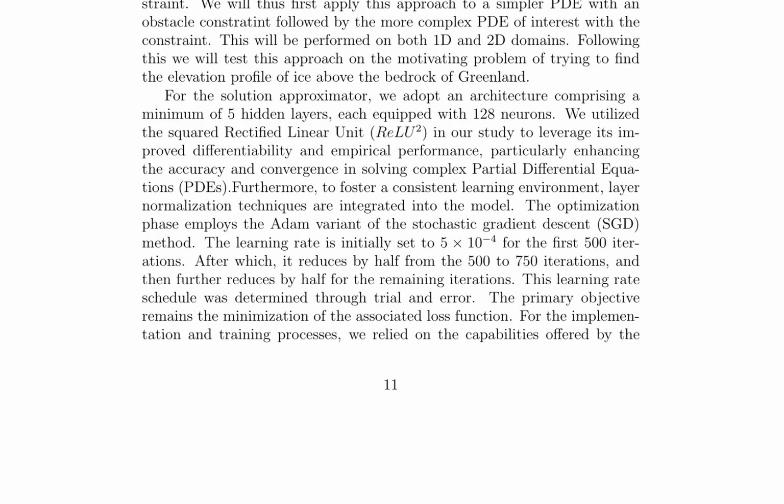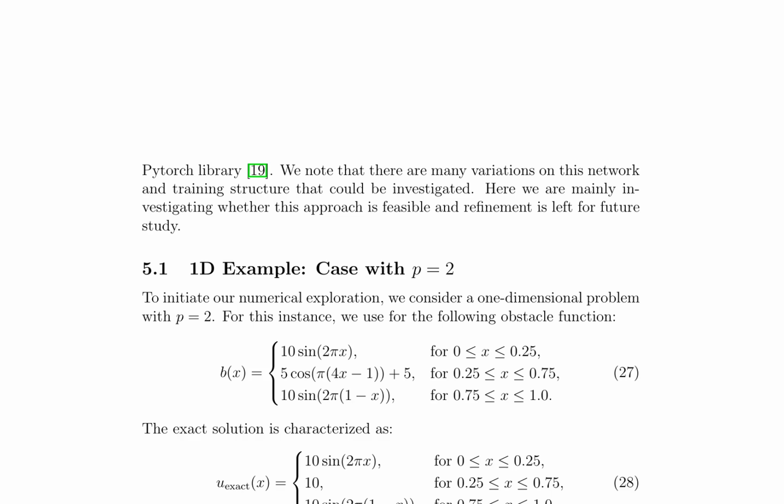The primary objective is the minimization of the associated loss function, implemented and trained using the PyTorch library. The authors acknowledge that variations on this network and training structure could be investigated, but the focus is on feasibility rather than refinement. The 1D example with p equals 2 is considered, using an obstacle function characterized by a piecewise definition.